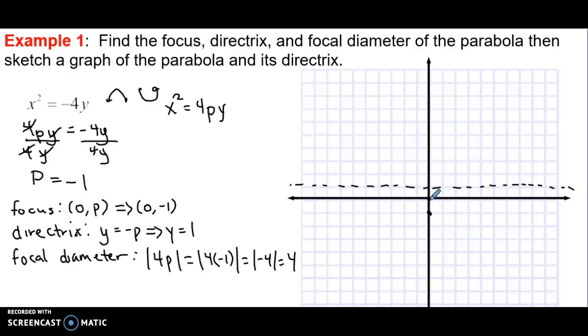But when I look at the focal diameter from my focus, half of my focal diameter is going to be 2, so I'm going to count out 1, 2. That should be a point, and 1, 2. So the distance between these is a total of 4, which is my focal diameter. These 2 points that we just found help us graph the parabola.